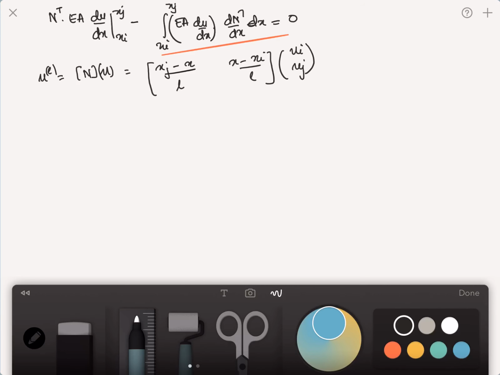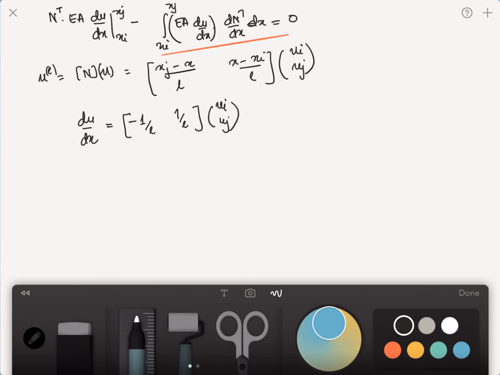So we can find du dx, because that's how we can put it back into the equation. So you have du dx is equal to, xj is a constant, so I can write it as minus 1 by L and 1 by L, times ui uj.